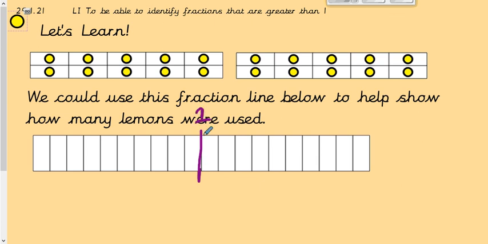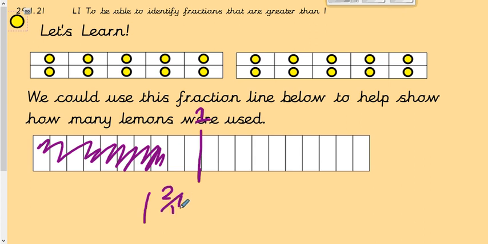I'm going to put a 1 there. And we know that if we filled all these up with lemons and we took 12 away, we'd be left with 8 because I've done 20 take away 12. So then we just got to work out what the non-shaded part is. So it would just be 1 and 2 tenths.